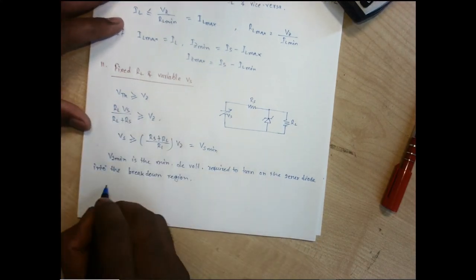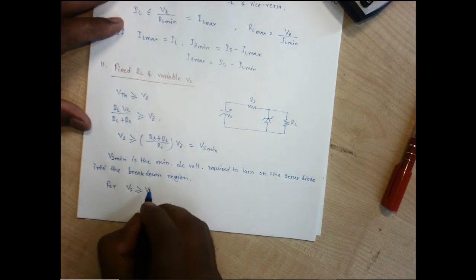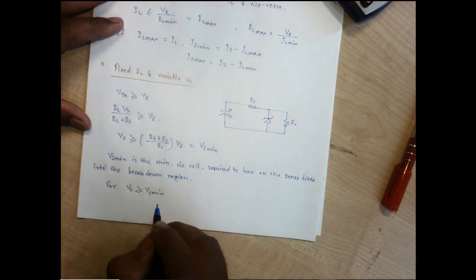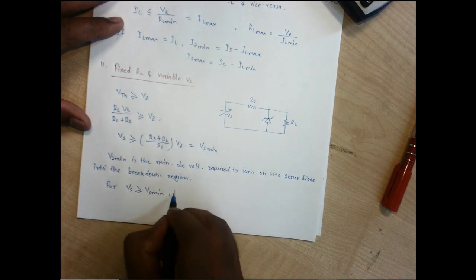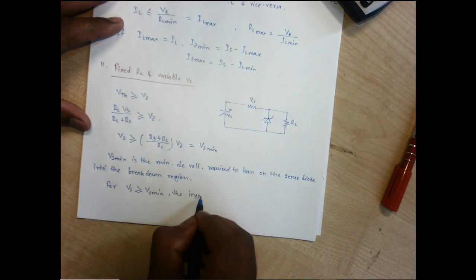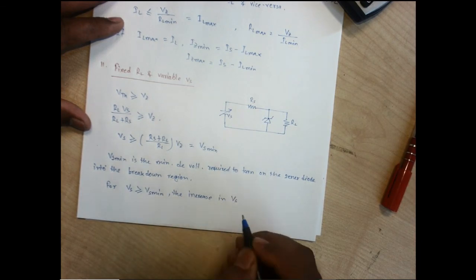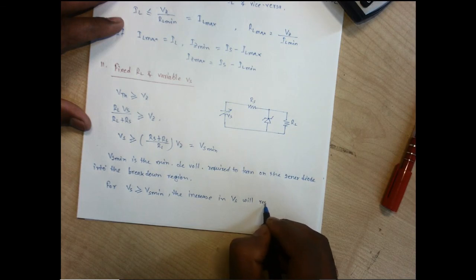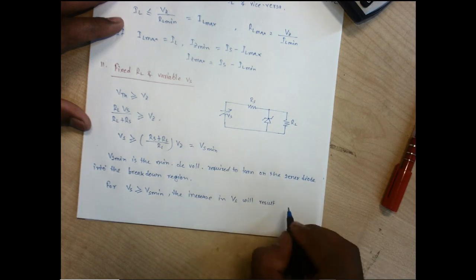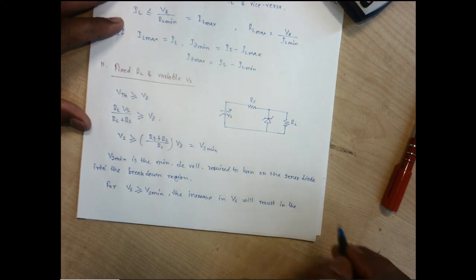Now for Vs greater than or equal to Vs min, which ensures the breakdown, the increase in Vs will result in an increase in the Zener current.